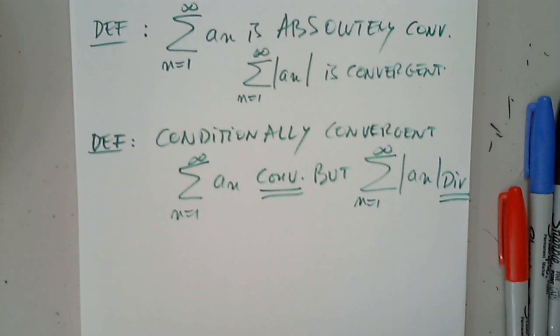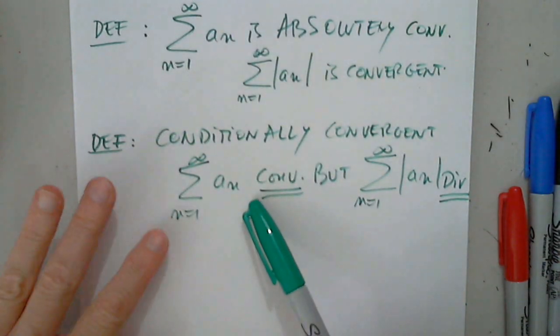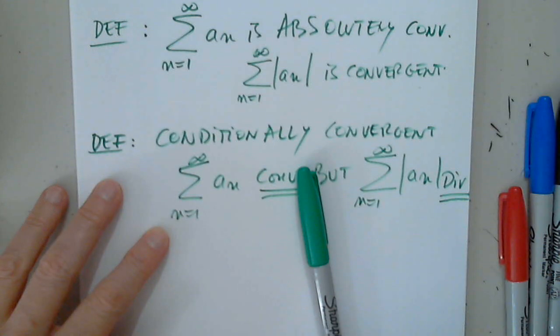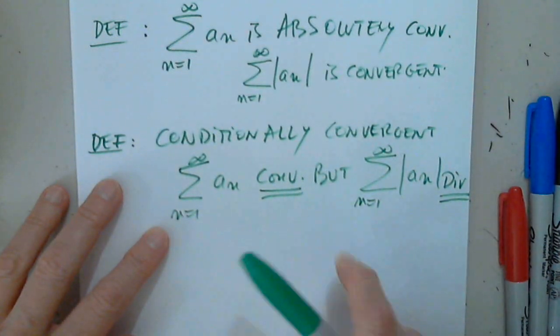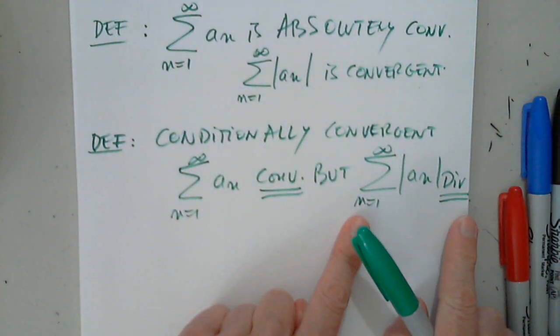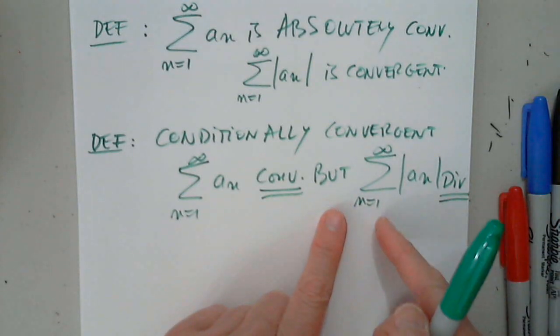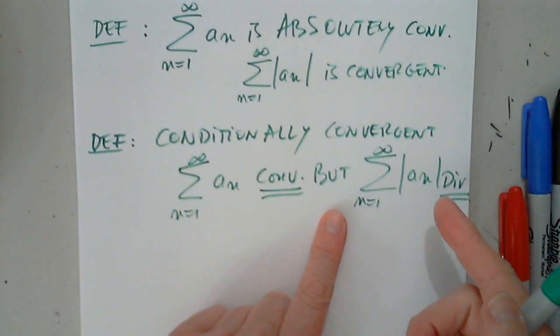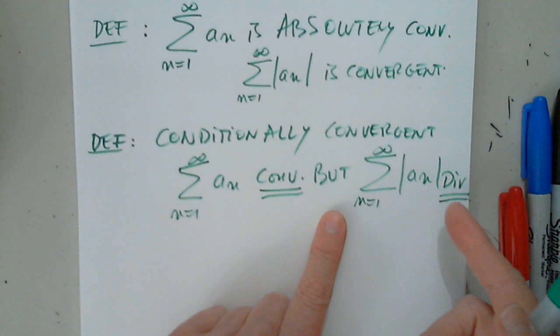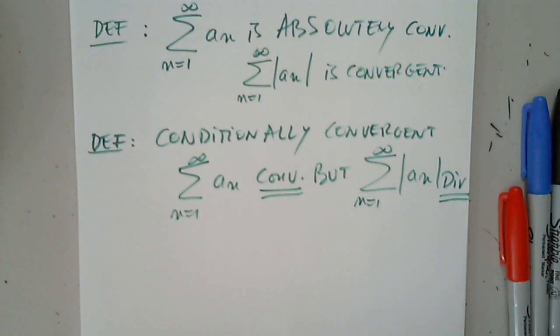So conditionally convergent means that the alternating series is convergent, but it's not absolutely convergent. So the series of the absolute value of terms is divergent.